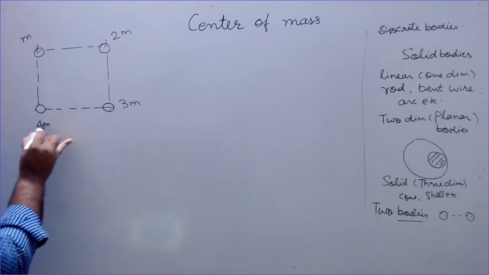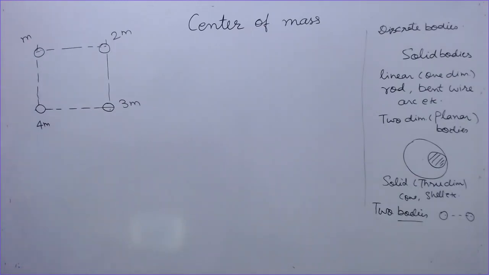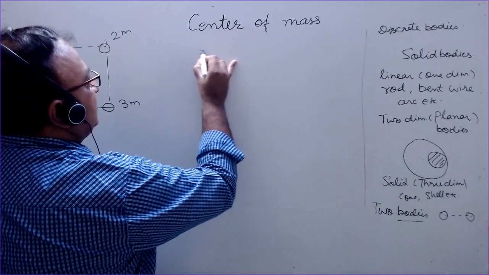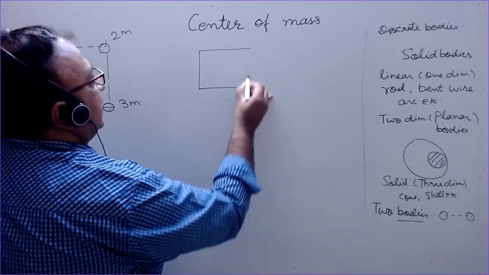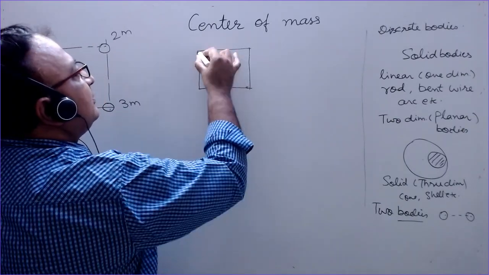And we have to find the position of center of mass. Now these bodies are not joined, that's why they are called discrete. If the masses would have been same, then where would have been the center of mass located? At the geometric center, where the diagonals cross each other in case of same masses.